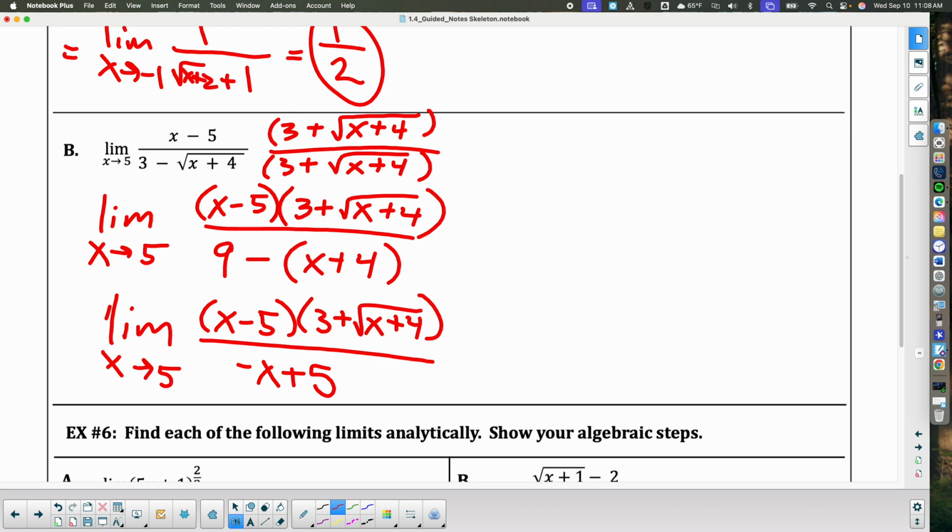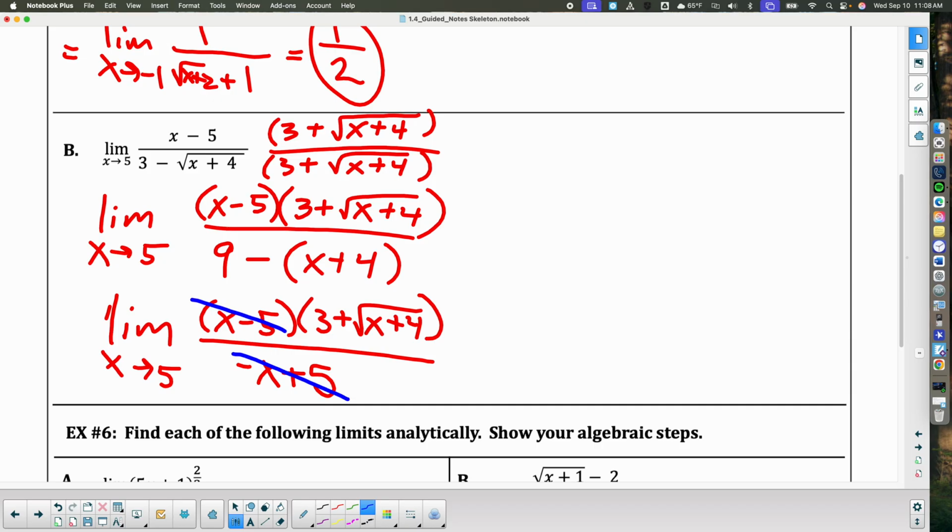Anybody remember from the last couple of years what happens if you cancel two factors that are reversed? It's a negative 1. Yep. So if you write this as 5 minus x, that's fine too. Doesn't really matter how you write it. But x minus 5 and 5 minus x can cancel, and then they leave a negative 1.